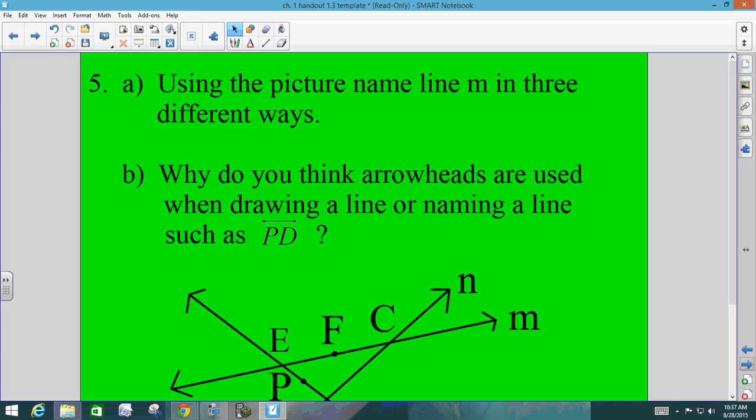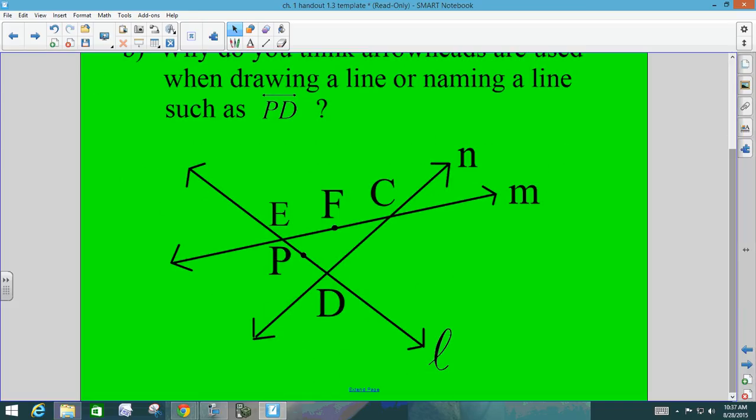Okay? One way to name lines, if the lowercase letter is there, is to just use the lowercase letter, which is what they did here. We have lowercase m, so they named line M using that. Why isn't this working?